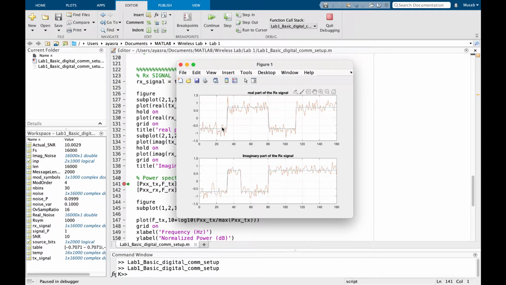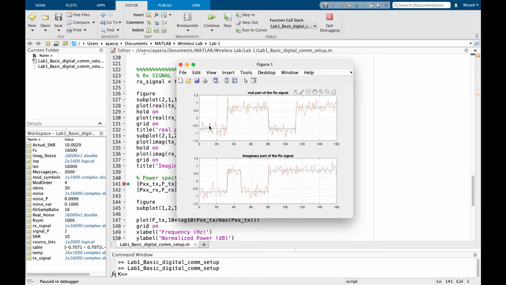So as we can see, the blue one here is the signal that we transmitted, which is clean, and the red one is the one that we are receiving, where we can easily see the effect of the noise on it.